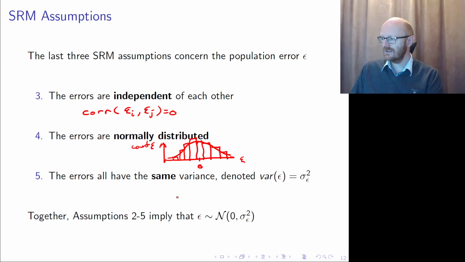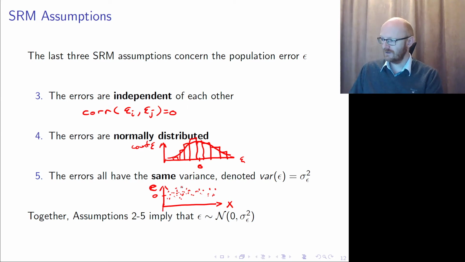Which means that if you plot the errors along the x-axis, then you should have a stable, random pattern.